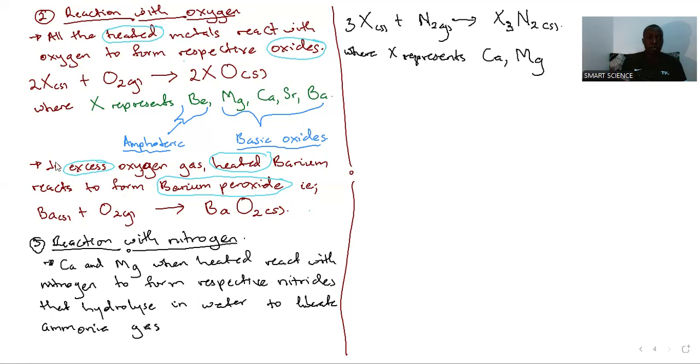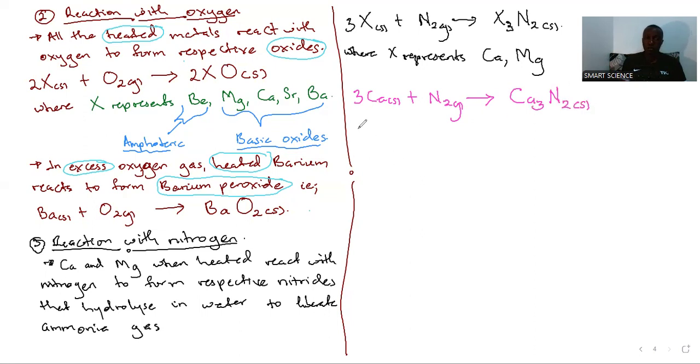So as a student, you can write individual equations, which will involve 3 calcium, which is a solid, plus nitrogen, which is a gas. These ones should give you calcium nitride, which is a solid.